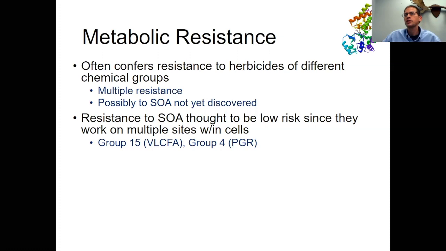Originally, resistance to site of action was thought to be low risk when talking about metabolic resistance in cells, but we are seeing more and more examples of metabolic resistance increasing. For example, with group 15 resistance in Palmer amaranth, and again, group 4 resistance in pigweed species as well.